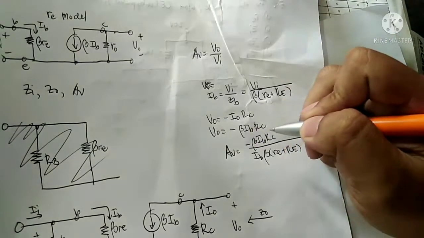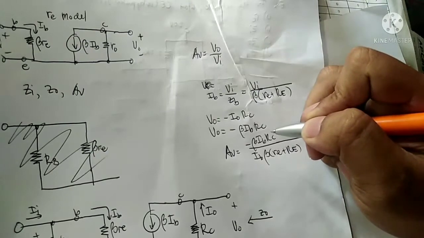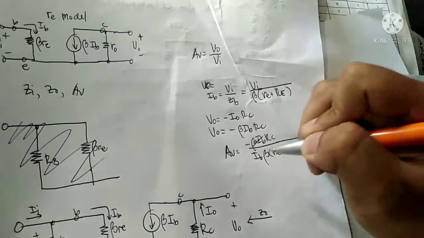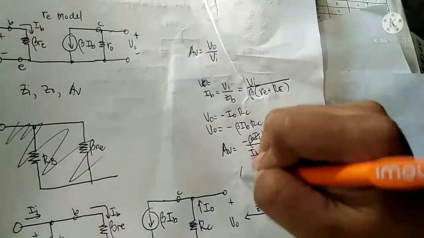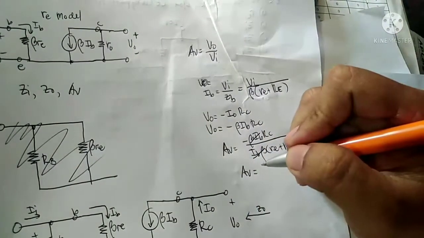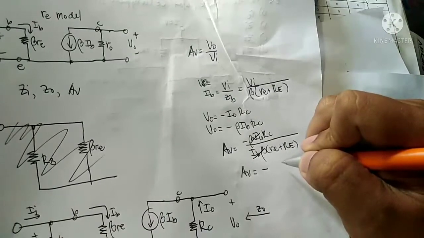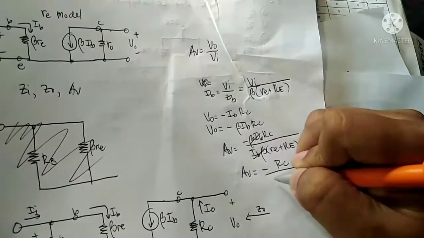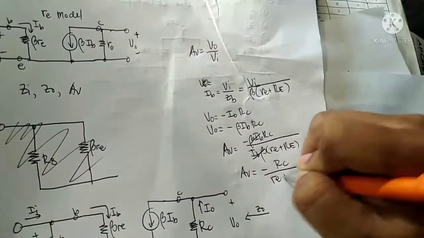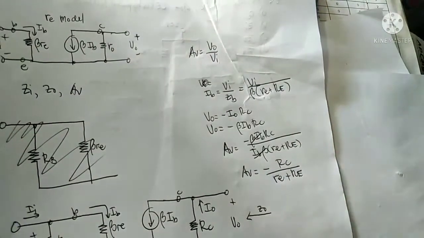Cancel this one. Therefore the voltage gain is equal to negative RC divided by small re plus capital R sub E.